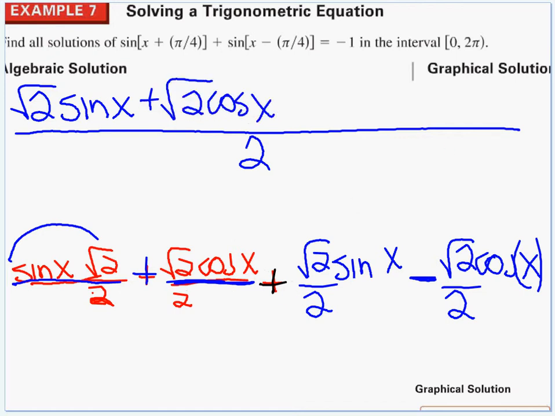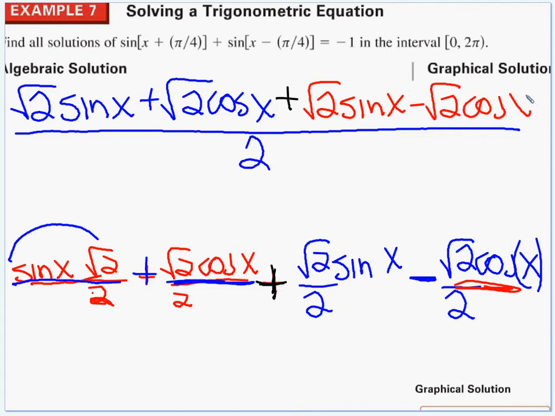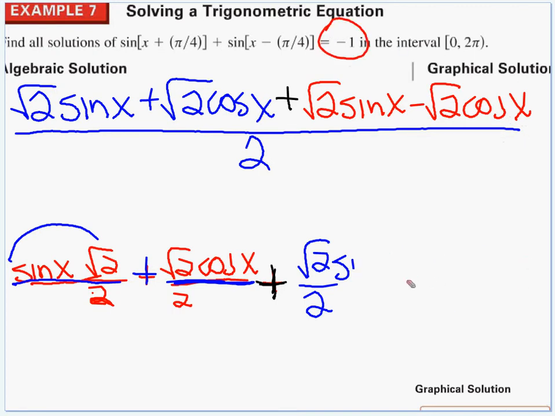And then here's the black ink, the plus in between. Plus root 2 sine x, and then minus root 2 cos x. And again, this is still equal to -1.